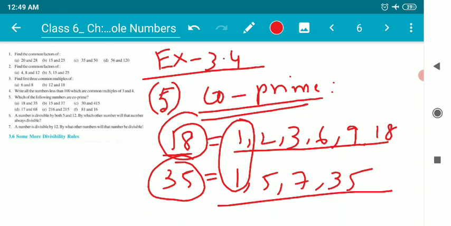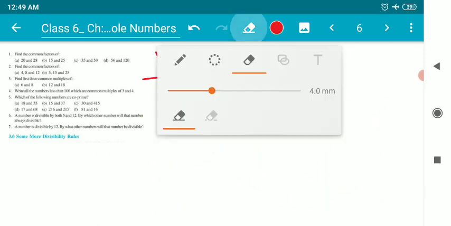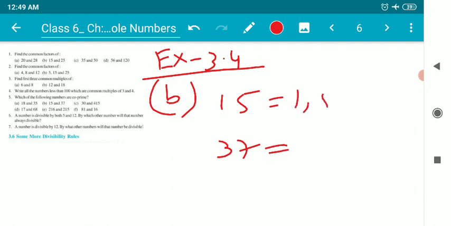Let us check with number B. 15 and 37. We have to check whether they are co-primes or not. Let us write down first the factors of 15. 1, 3, 5, and 15 itself.